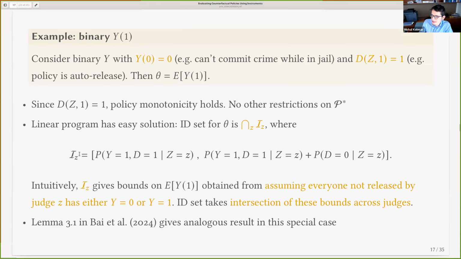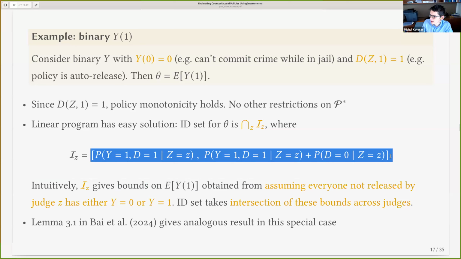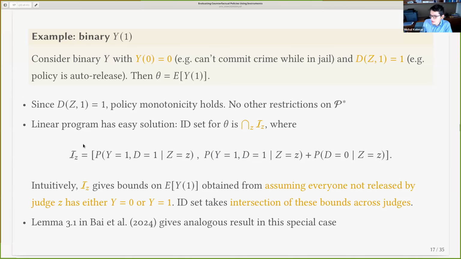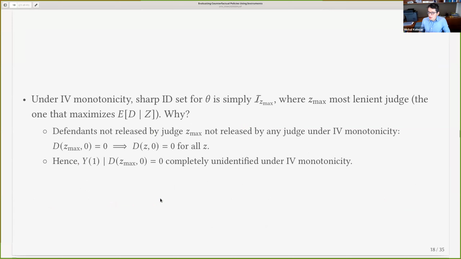Now the key is that these bounds for the identified set hold for each judge. So to get a shared bound, I just intersect all of these bounds across judges. So that's what the sharp characterization is.